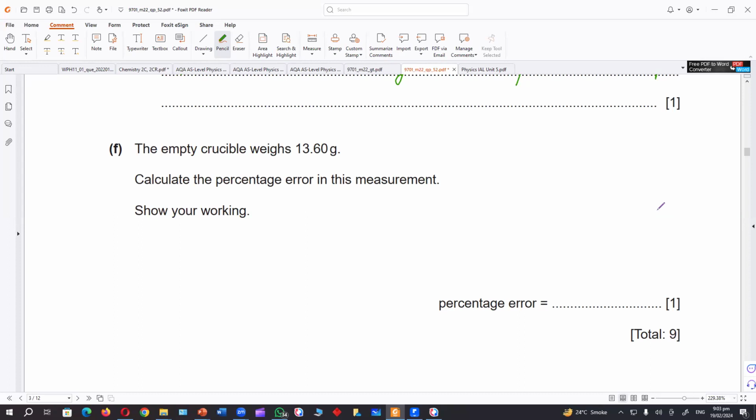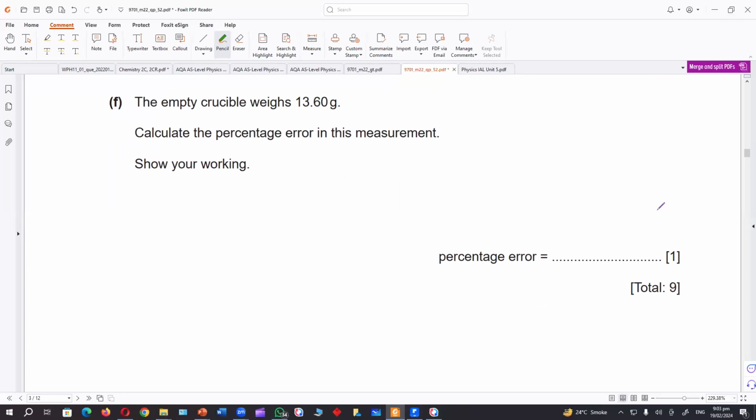So we can use that 2DP working. The empty crucible weighs 13.6 grams. So should we take it twice the percentage? Yes. So 2DP, let's start our work.